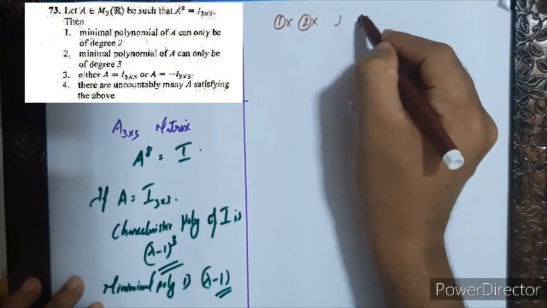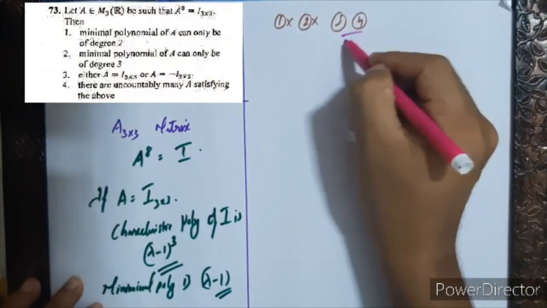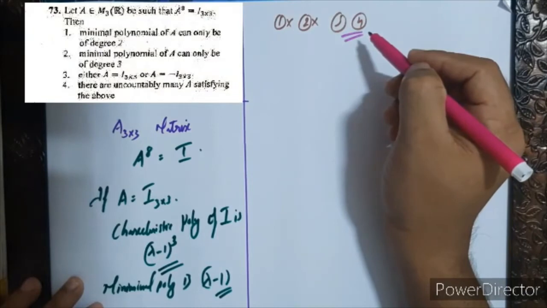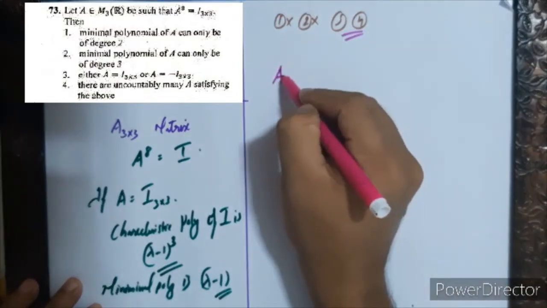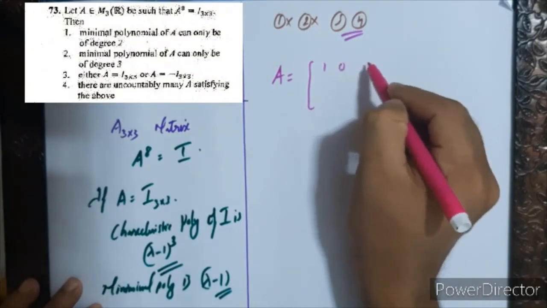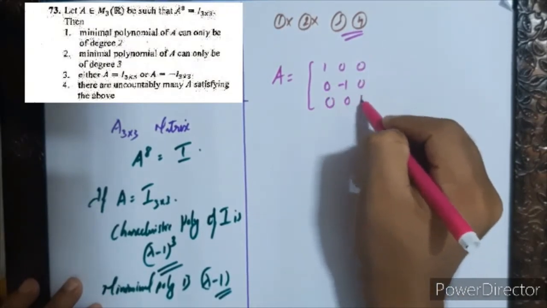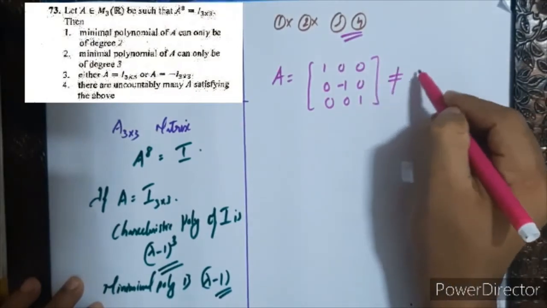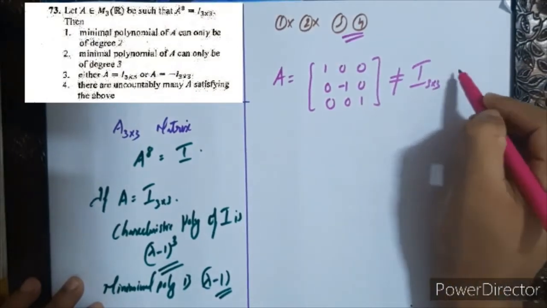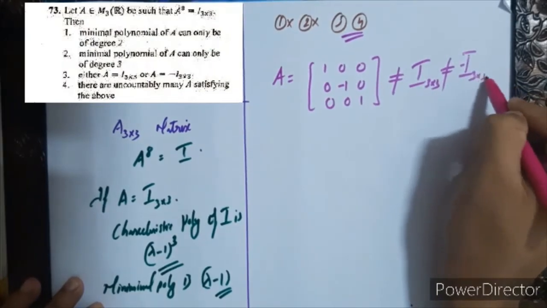And what about 3 and 4? The third option is either A equal to identity or minus identity. Now if I take A equal to diag(1, minus 1, 1), this is not equal to the identity matrix, and also not equal to minus the identity matrix.